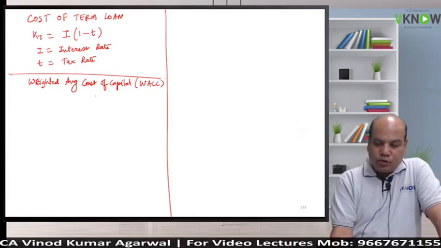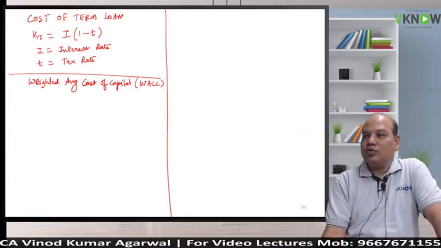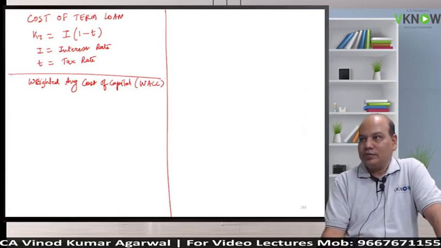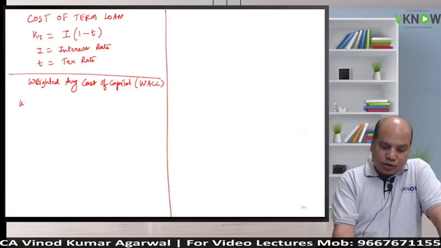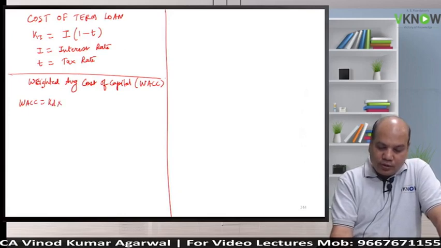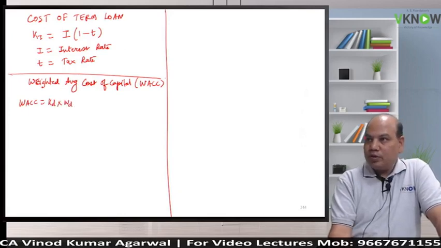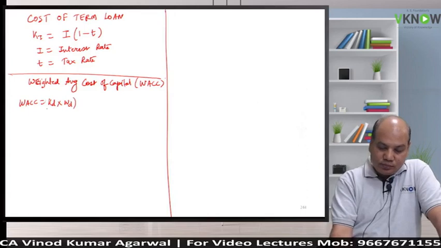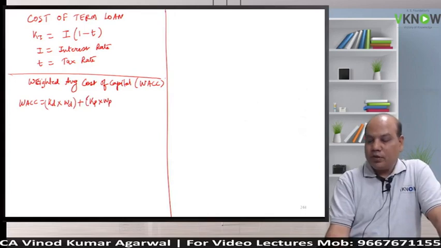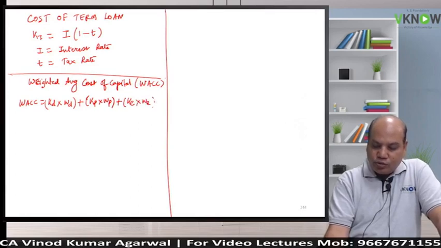So, here we compute the weighted average cost of various sources of finance. WACC will be equal to cost of debt into weight of debt plus cost of preference share into weight of preference share plus cost of equity into weight of equity.